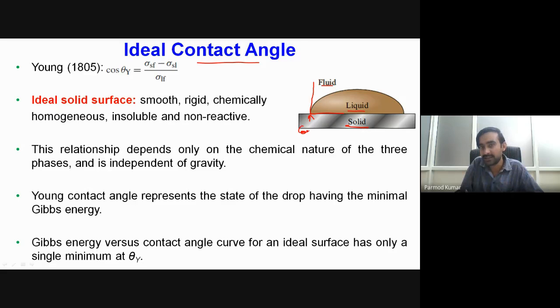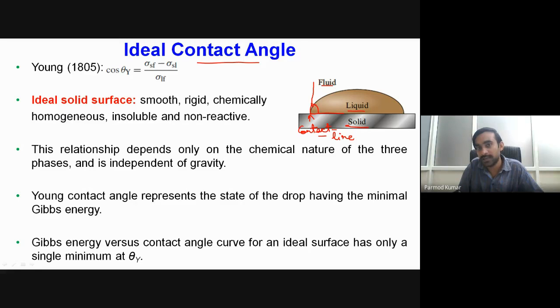So we are taking these tangents at our contact line. At that time, we measure the angle between these two tangents, and particularly we measure this angle from the liquid side.